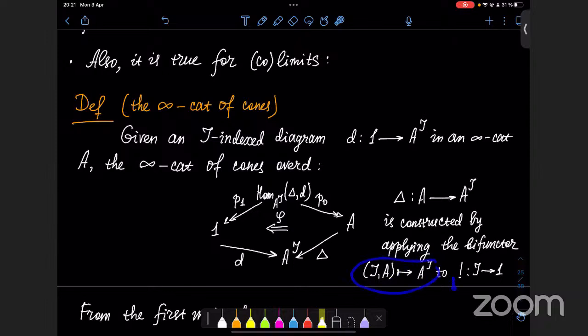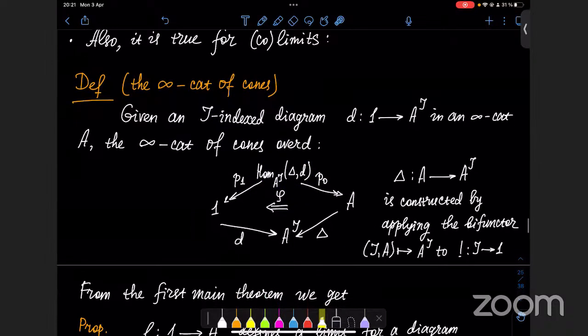Applying this bifunctor to the terminal functor, we get the constant diagonal functor, and from the construction of the infinity category, we have the following two cells.